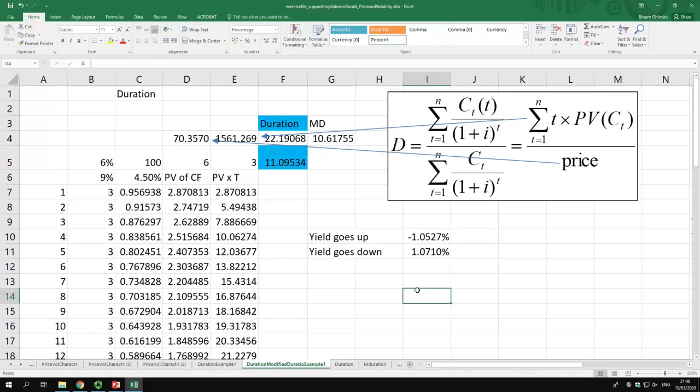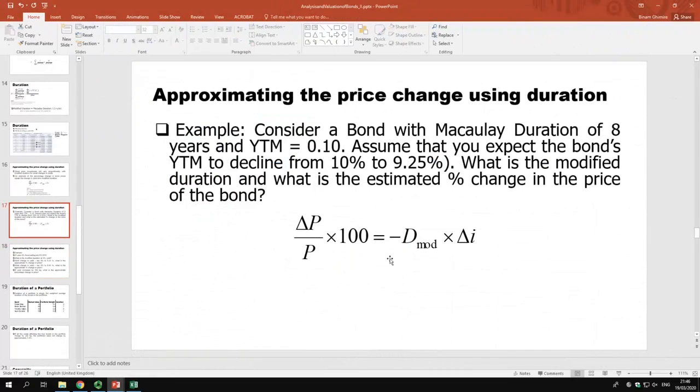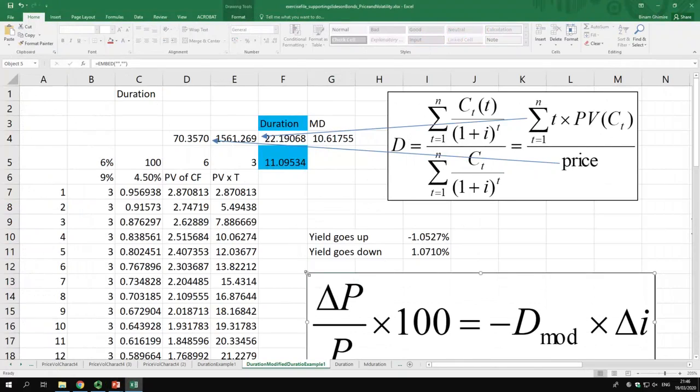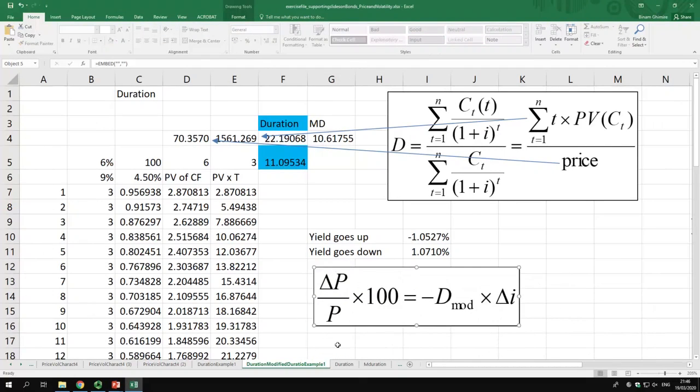Now what I would like to do is to see what happens when we apply the modified duration concept. Okay, because earlier on you were able to see this formula here. So we'll use this formula now and see what happens in terms of percentage price change.